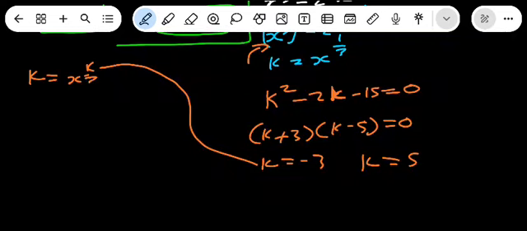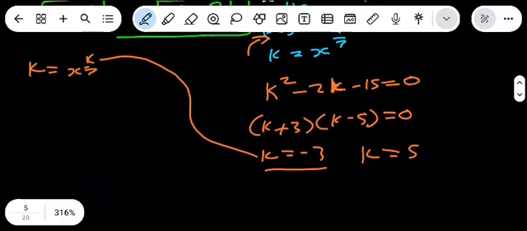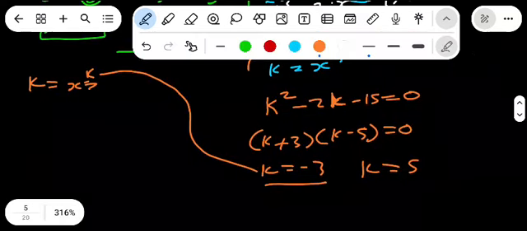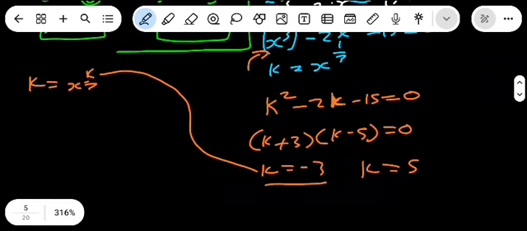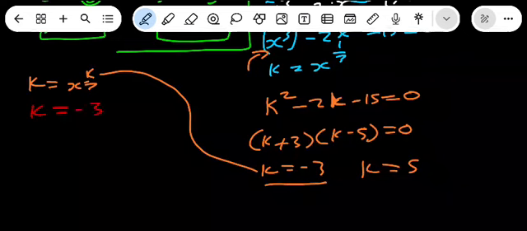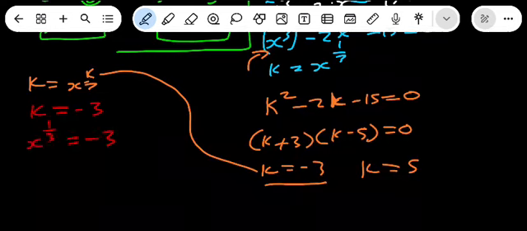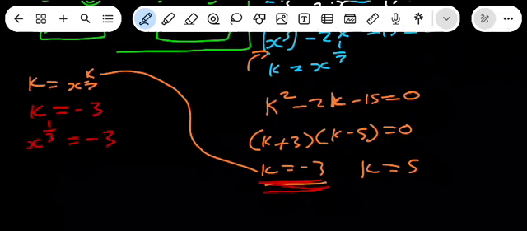So here we have k equal to minus 3. So I can rewrite that: when the value of k is equal to minus 3, k is the same as x raised to the power of 1 over 3. This will be equal to negative 3, right?